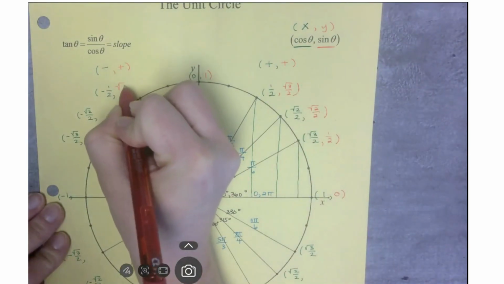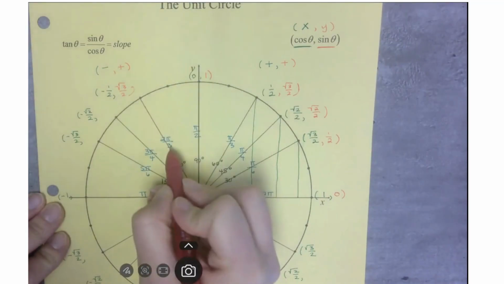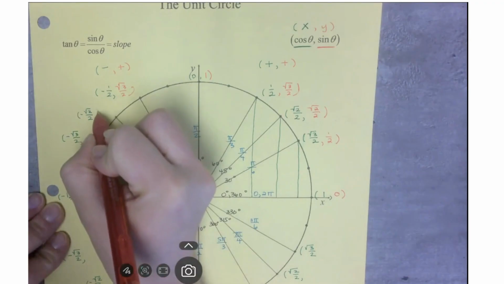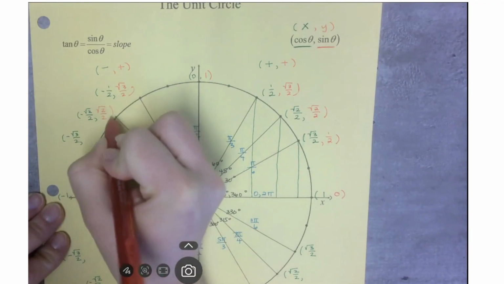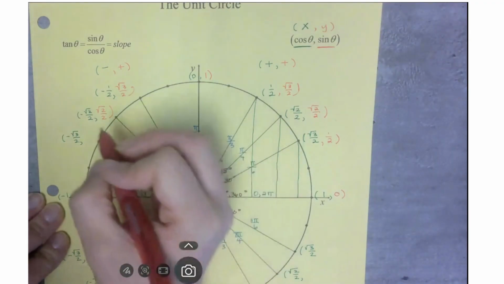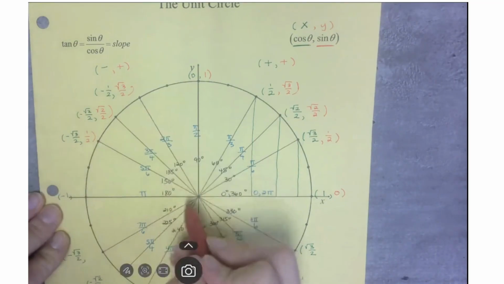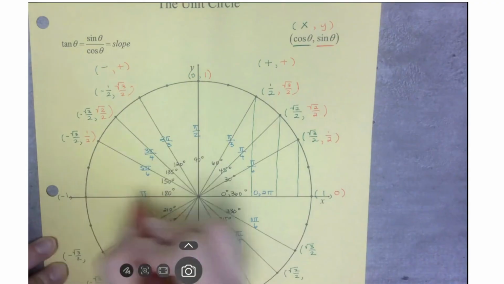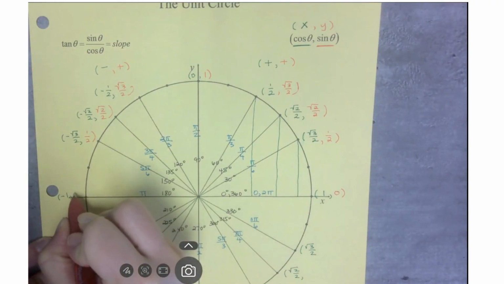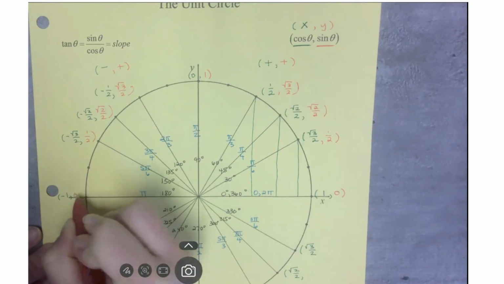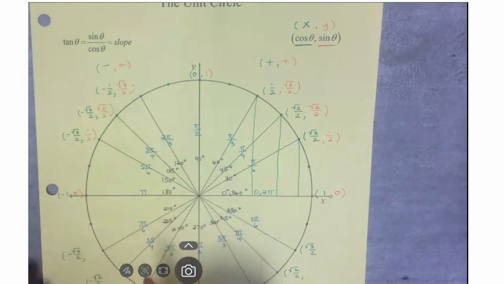I have positive square root of 3 over 2 with an angle of rotation of 2 pi over 3. At 3 pi over 4, I have square root of 2 over 2. And at 5 pi over 6, I have a height of 1/2. I don't have any height associated with this triangle that's not existing here. It's completely collapsed. I'm at 0.